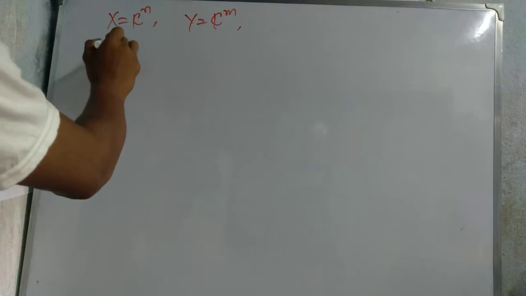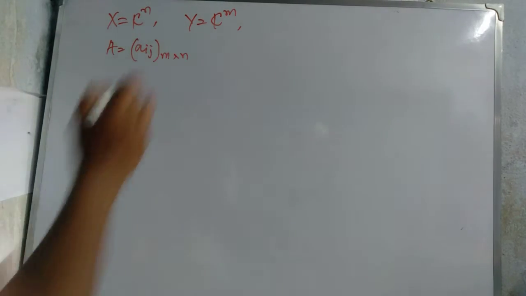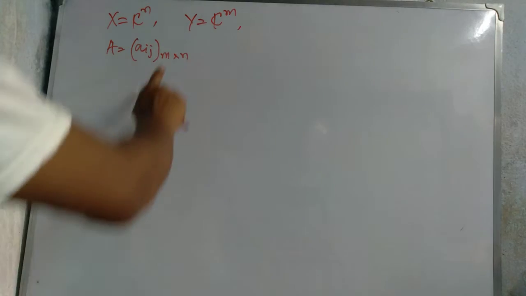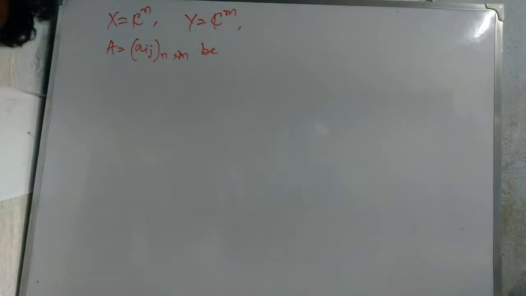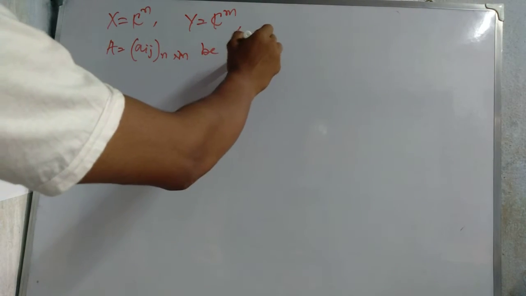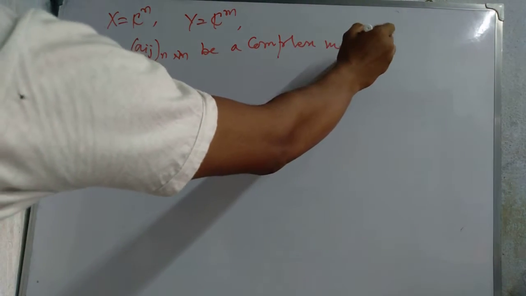Then A equal to (aij), m cross n, or n cross m. Here A is a complex matrix, okay.